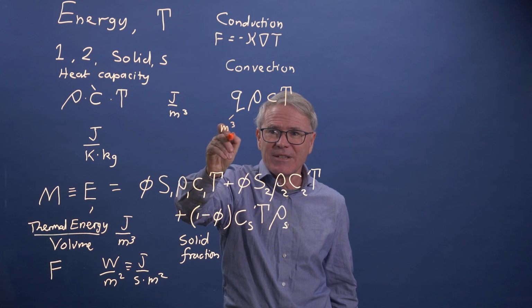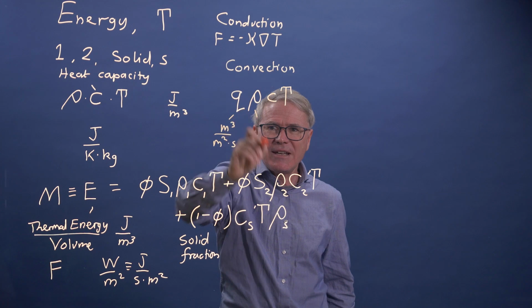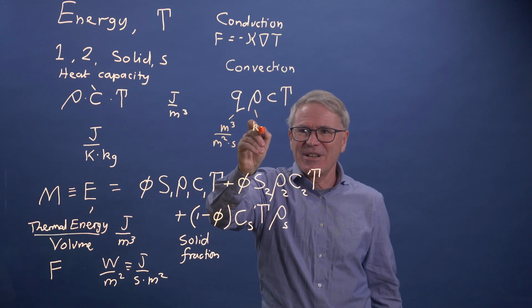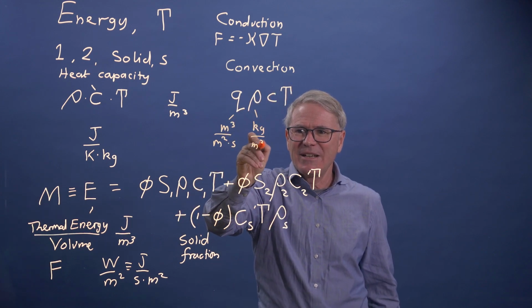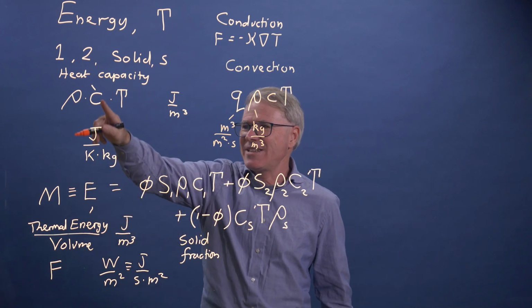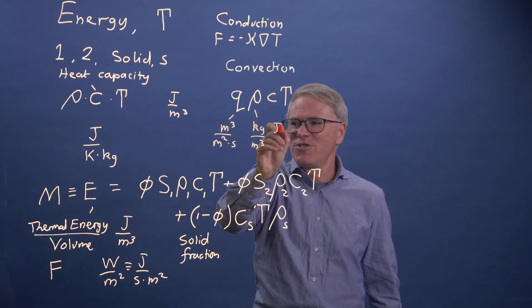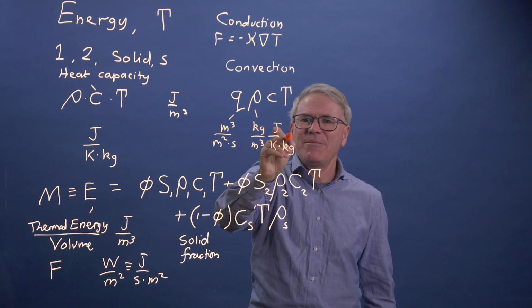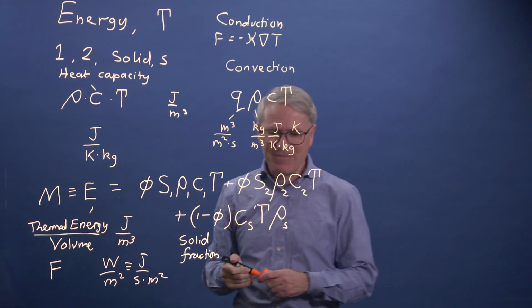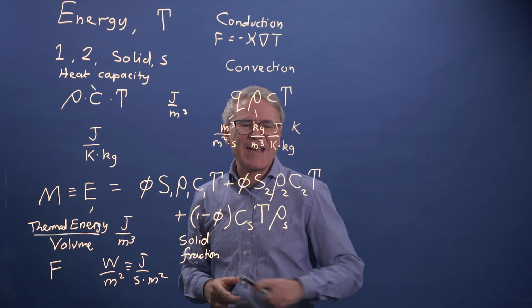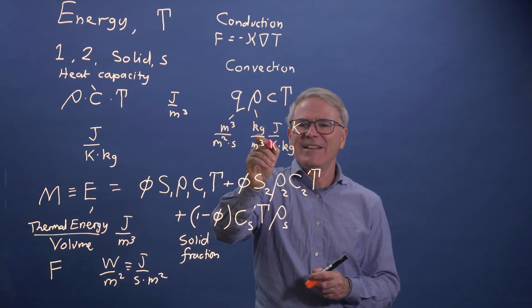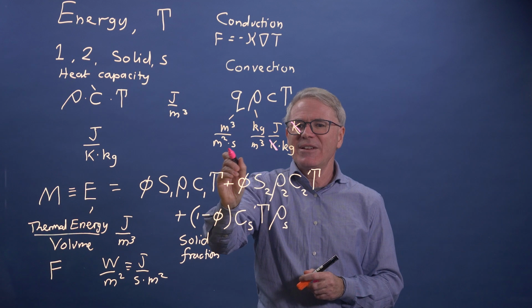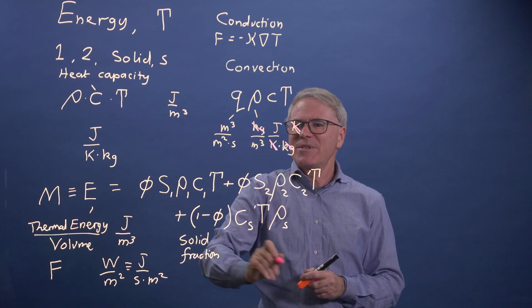So let's do this in SI units, right, per unit time. We've got a density, which is kilograms per cubic meter. We have our heat capacity, which we know is joules per Kelvin per kilogram. And we got our temperature, in Kelvin. So if we look at the units there carefully, okay, we got joules per second, kilograms go.